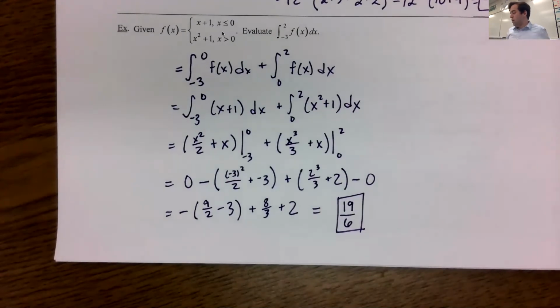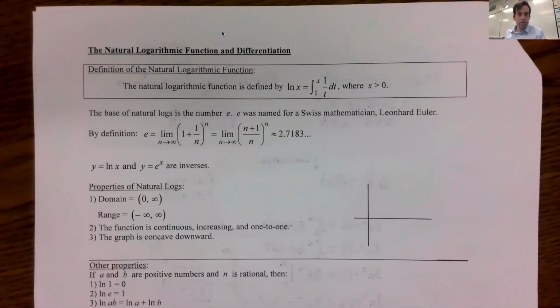All right. So that's a nice overview of definite integrals, the second fundamental theorem. And what we're going to do now is just kind of backtrack for a second and think about the natural log function, ln. And we'll talk about derivatives and integrals of the natural log function, since we haven't really covered that yet.